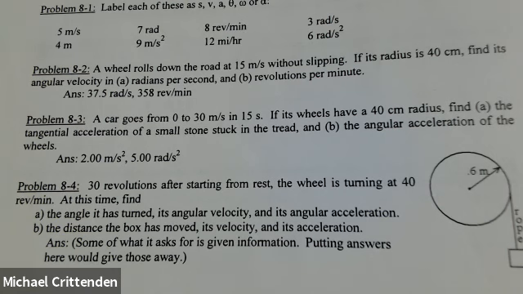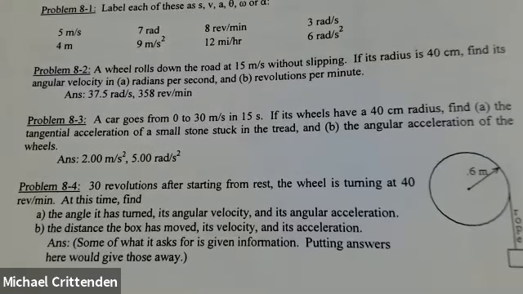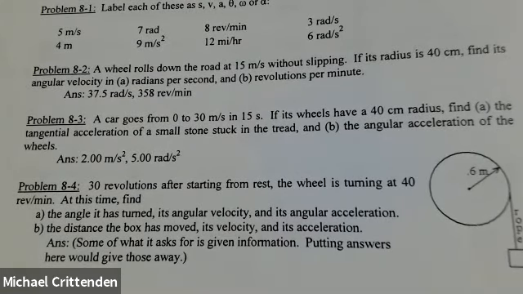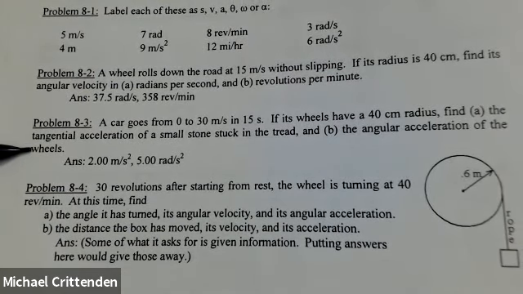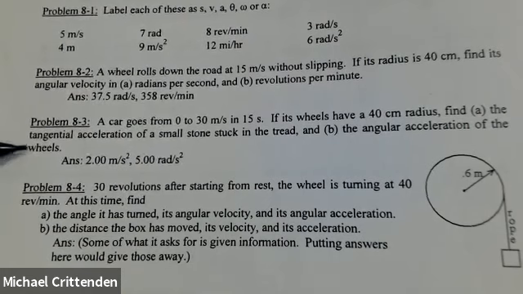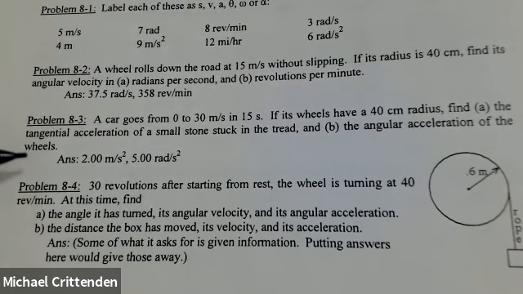which I have found a lot of people do at this point, it goes back to what I was saying about how if the wheels don't slip, then, in number 2, it was the velocity I was talking about. The V in V equals R omega equals the speed that the car is going down the road. In the same way, if the wheels don't slip, then the tangential acceleration of a point on the edge of the wheel equals the acceleration of the car.